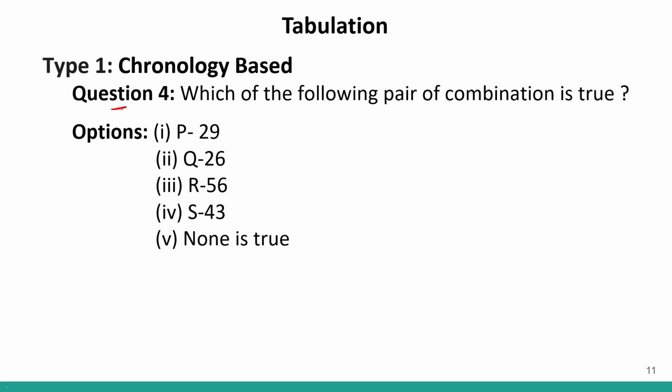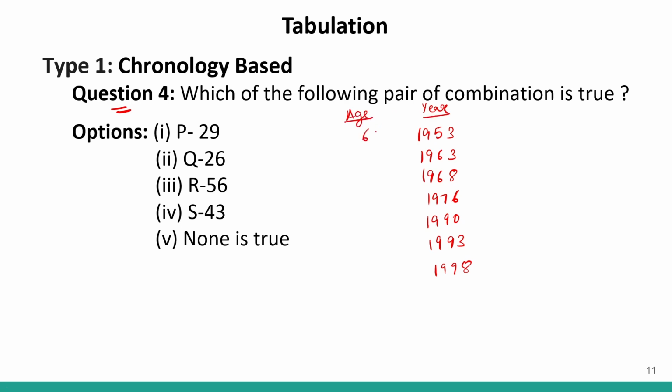Question number 4. Which of the following pair of combination is true? So let me write the arrangement. We have 1953, 1963, 1968, 1976, 1990, 1993 and 1998. These are the years born. Then what are the ages?